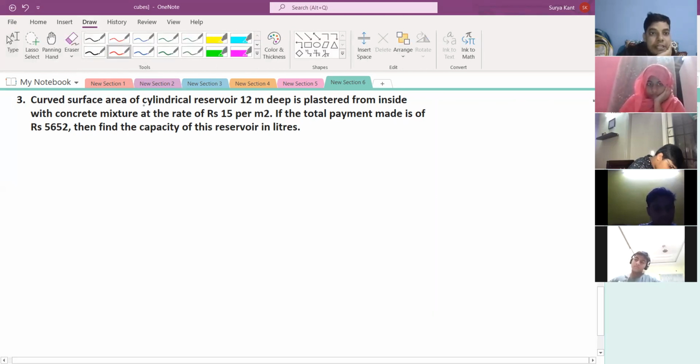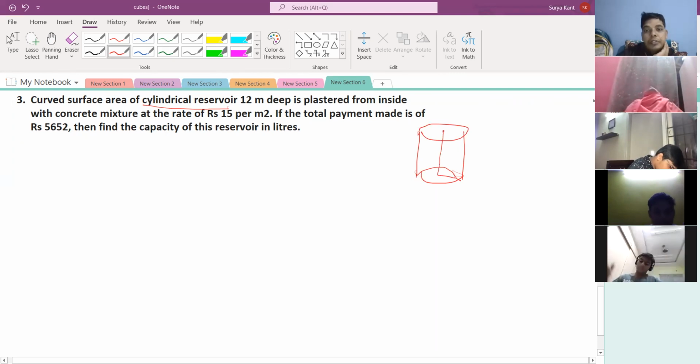Curved surface of a cylindrical reservoir. You have a cylindrical reservoir here. 12 meter deep means the height is 12 meters.